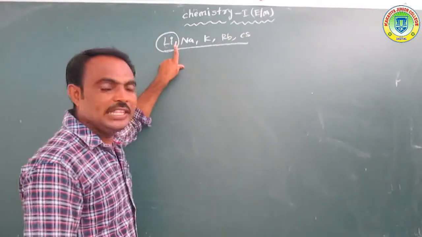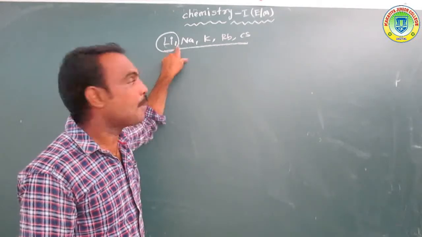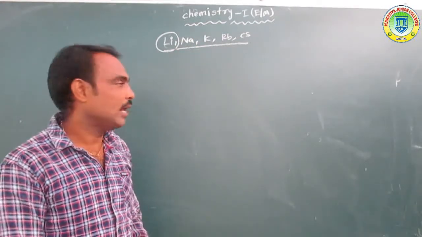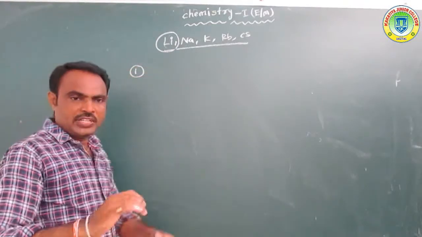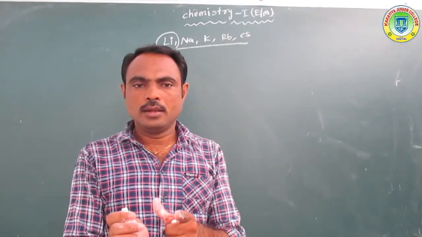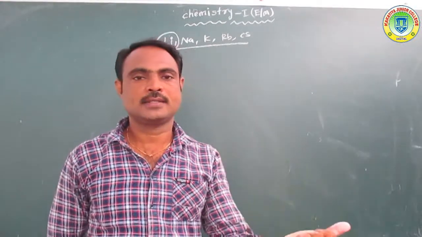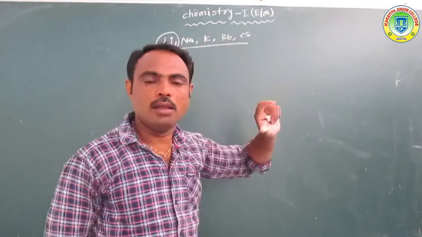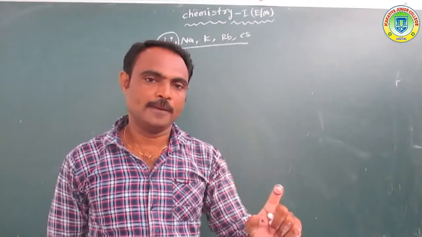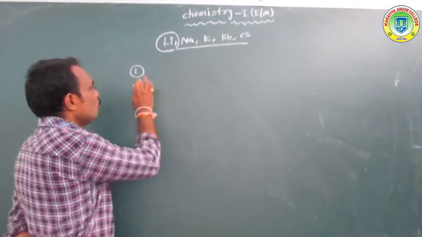Lithium exhibits or shows different characteristics compared with all the remaining elements. So this is called the anomalous property of lithium. So overall, what is the first point?